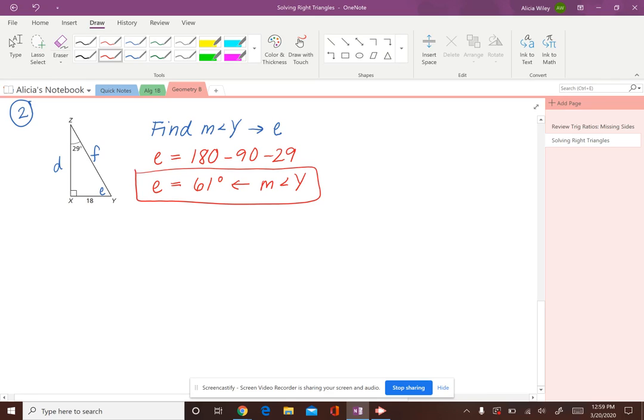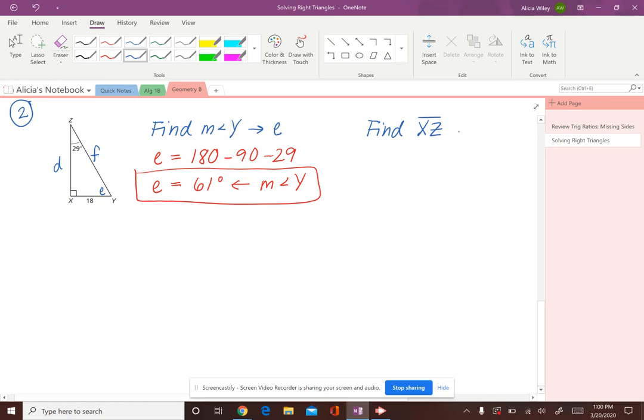So there it is. First thing done. We have 2 more things to find. I guess you get to choose at this point what you want to go with next. I'm going to go ahead and find D, just go alphabetically, right? So the next thing I'm going to do is find the length of XZ.